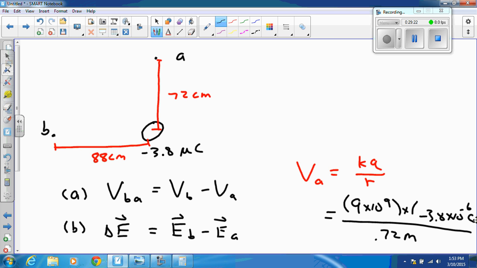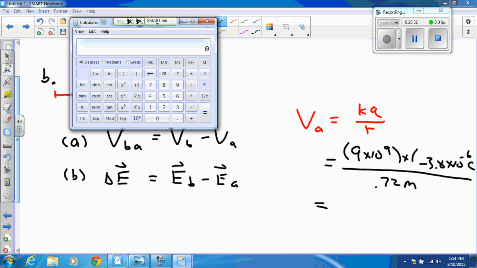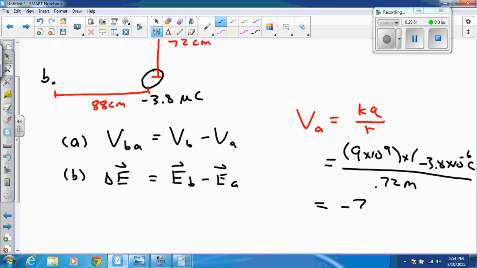Don't forget that we have to deal in meters and not centimeters. You end up with a fairly horrendously large voltage, right?